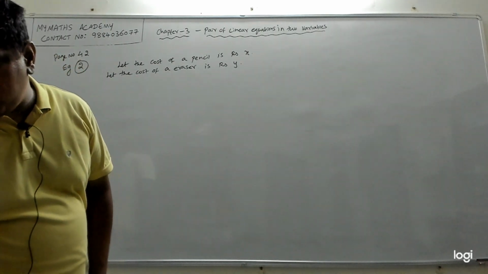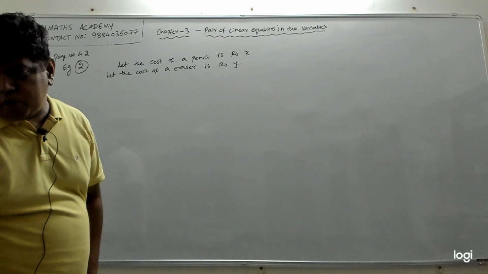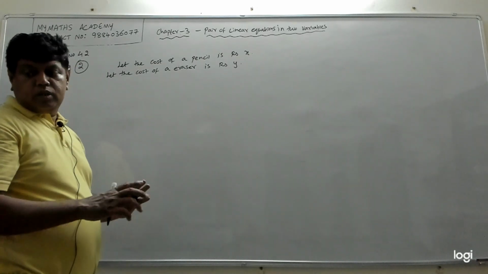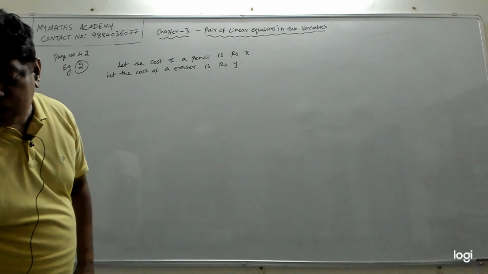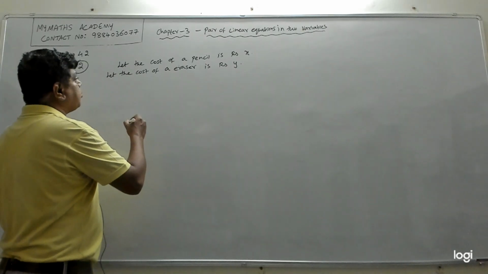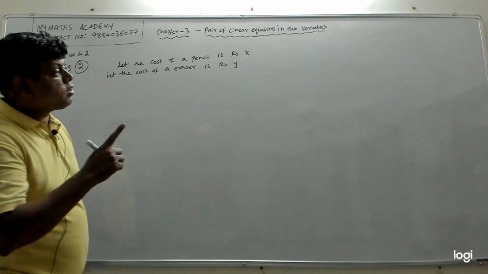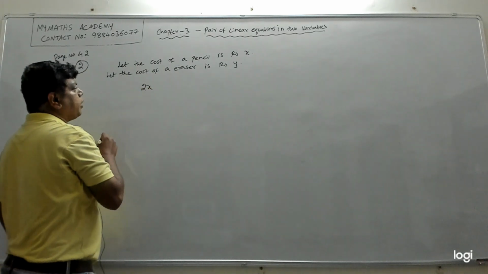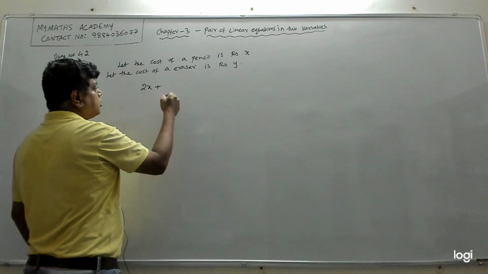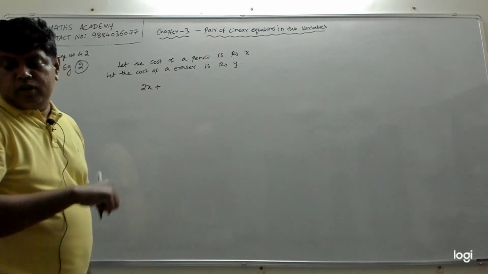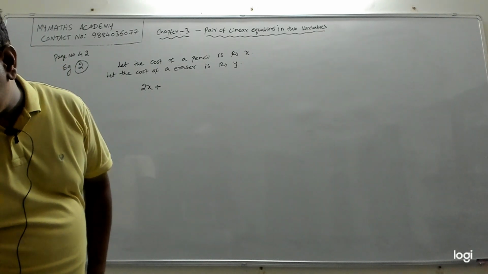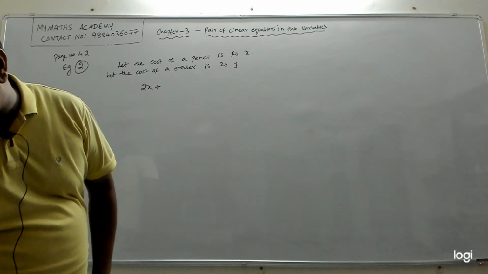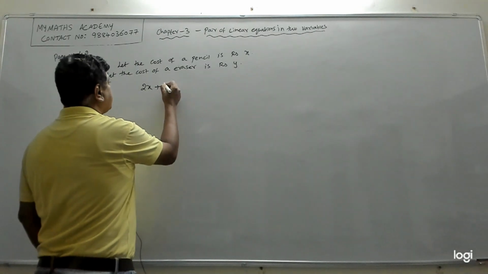Now, how many pencils did Romila buy? She bought 2 pencils and 3 erasers, and totally the cost was ₹9. The cost of one pencil is x rupees and she bought 2 pencils, which means the cost of 2 pencils will be 2x, plus the cost of one eraser is y and she bought 3 erasers, which means 3 into y.